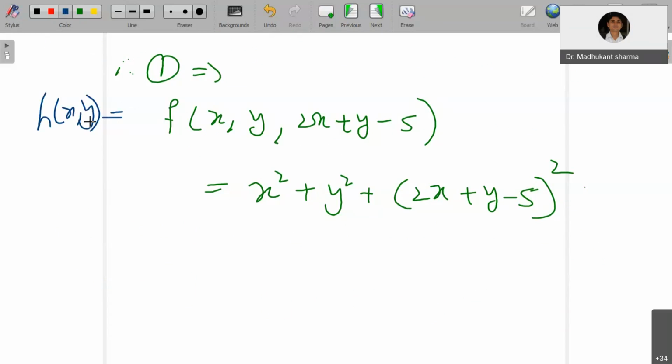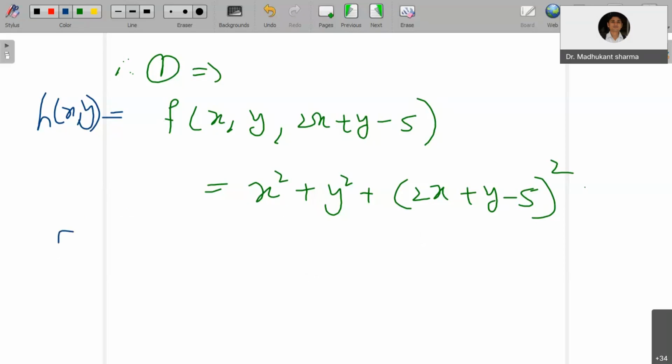Now you can work out with the first derivative test and second derivative test and so on. This function is nice: you have positive powers, and all the first order and second order partial derivatives exist and are continuous. Later on, we will see whether the obtained point lies on the plane or not. First we identify the extreme points, the critical points.